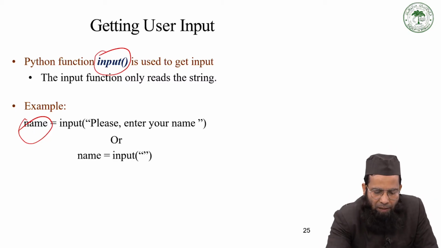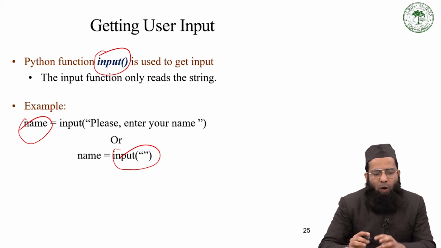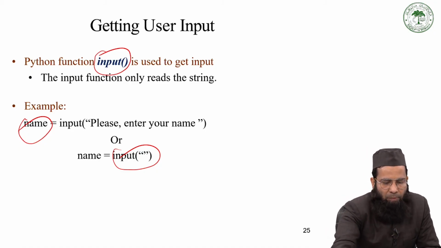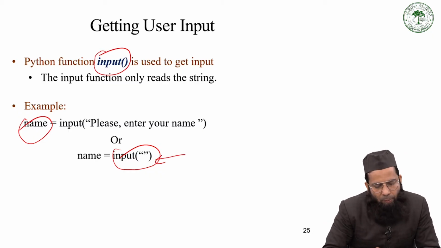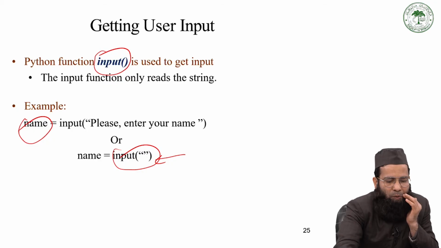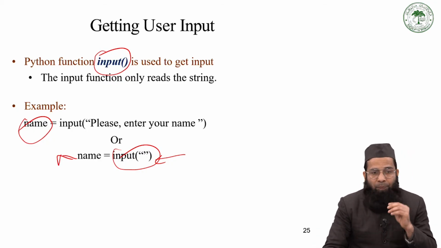Similarly you can write name is equal to input. In this way there won't be any message like in the previous case, where we got a message that please enter your name, but in this case there won't be any message, and you need to provide the data, and that will be stored in this variable, that is name.